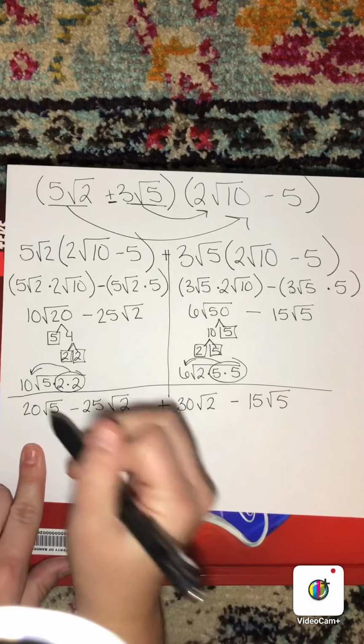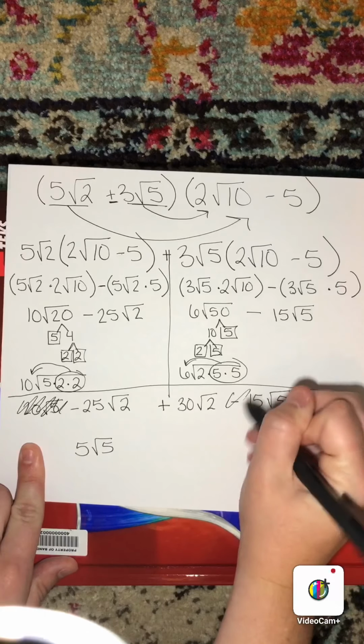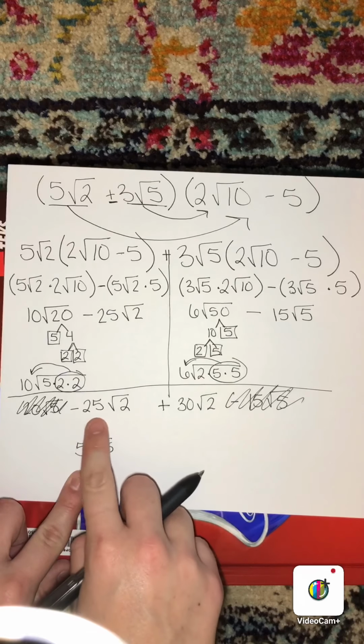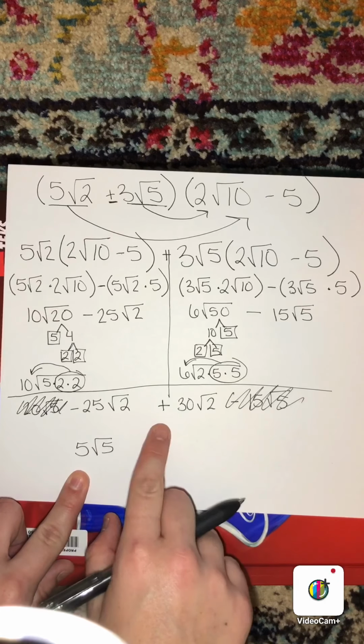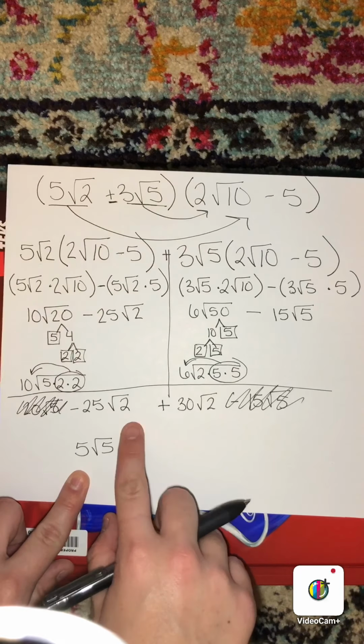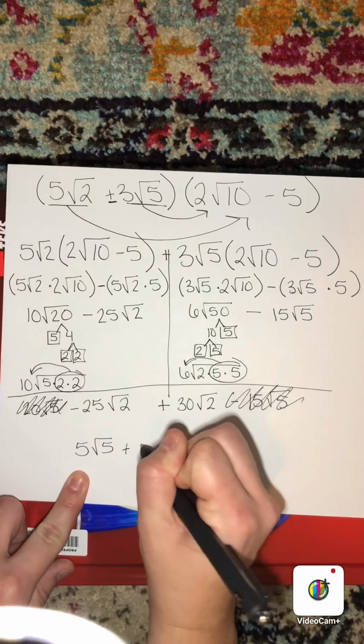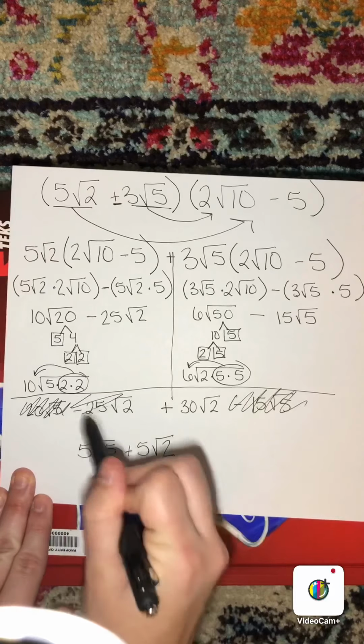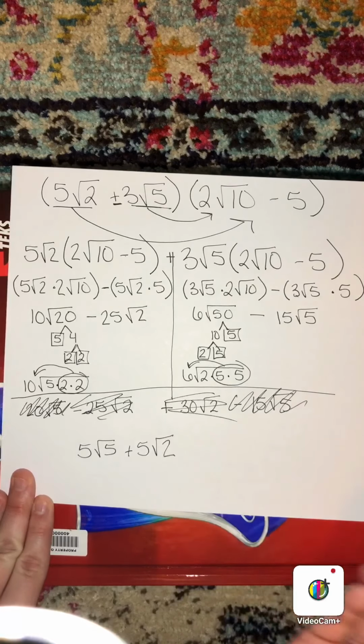So that means this one's gone, and that one's gone because I've simplified them. And I've got minus 25 square root of 2 plus 30 square root of 2. Well, if I combine those together, I get a positive 5 square root of 2. So that one's gone, that one's gone. This is what we're left with.